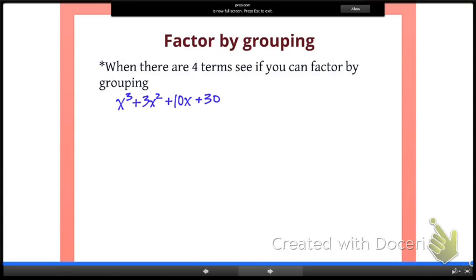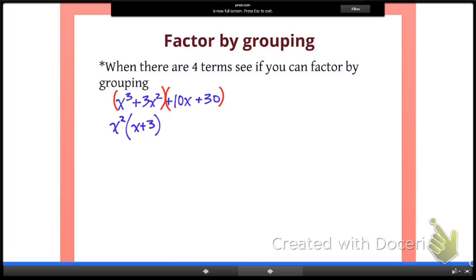The last way that you can factor is if you're given 4 terms, which I've already alluded to when you do AC factoring. But when you're factoring by grouping, you take the first 2 terms and the second 2 terms and put a set of parentheses around them. After that, you find out what factor or what number you can divide into both of your terms. In this first case, both terms have a factor of x squared that they share, leaving you with x plus 3 in parentheses.